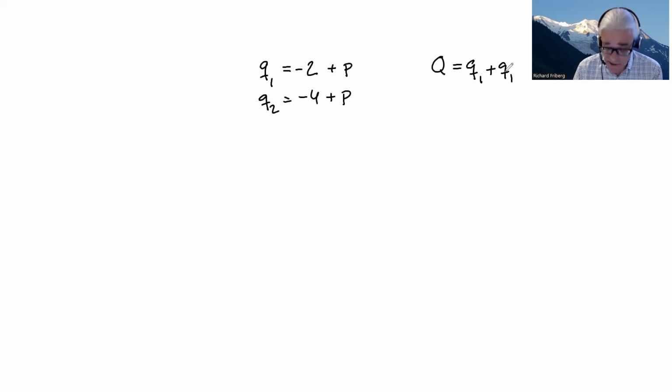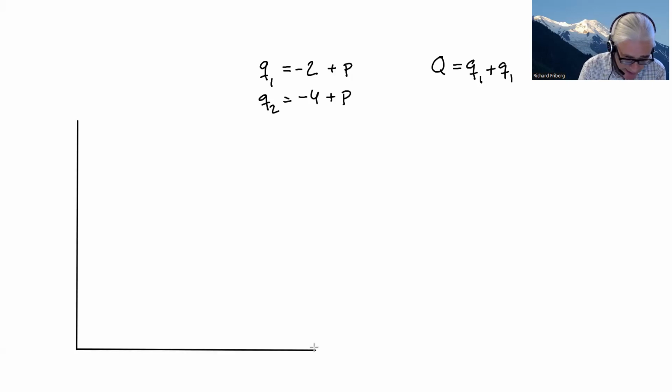So at this stage, it's useful to draw the supply curves, just to be able to keep track of what firms are active in the market. So we're going to be drawing as usual, where we have quantities here, Q1 and Q2, the individual firms' quantities and the aggregate quantities, and we have price on the vertical axis.